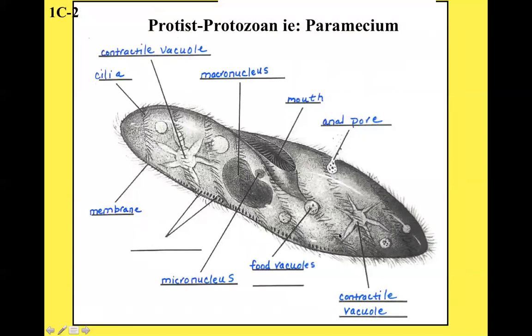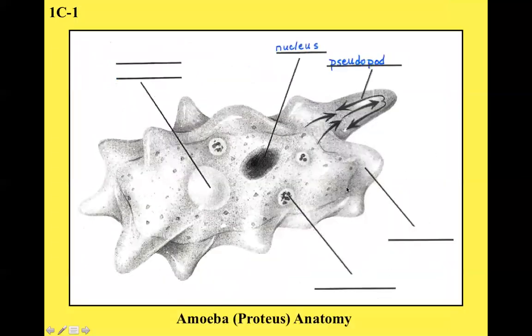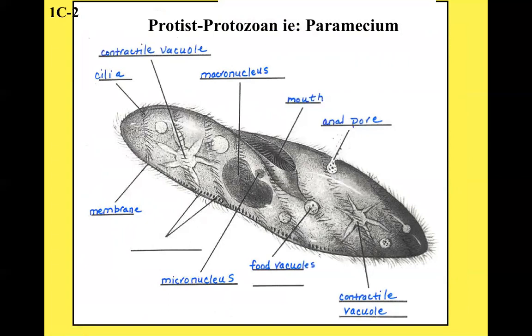But this is a unicellular organism called a paramecium, and it can live all by itself. It's alive, just like this amoeba can live all by itself. So these single-celled organisms can live freely and independently, and they are the first part of our organization of nature that we can actually call alive.